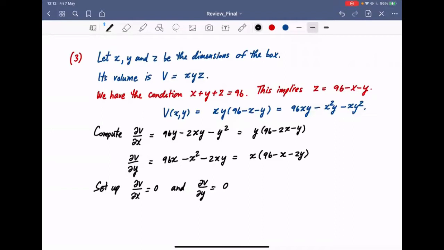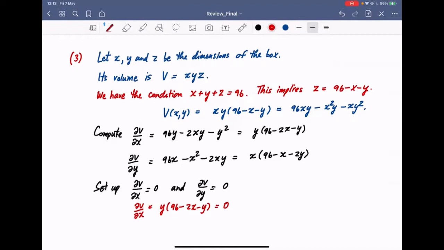So the first one, if you set the two equations to be 0, you get y times (96 minus 2x minus y) equal to 0. So on the first side, differentiating v with respect to x gives 0 here. You have two real numbers that you multiply and then you get 0.